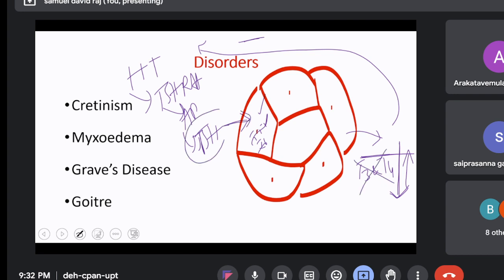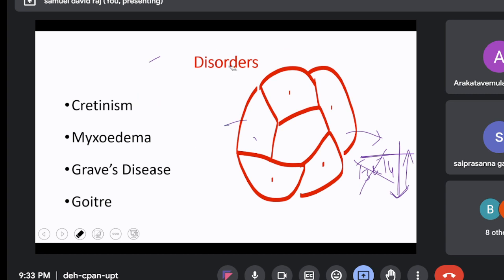The amount of thyroid stimulating hormone secreted is not enough. Why? Because there is no iodine at all in the cells. If there is no iodine at all, it cannot synthesize any kind of hormones. Then it keeps on producing the thyroid stimulating hormone.